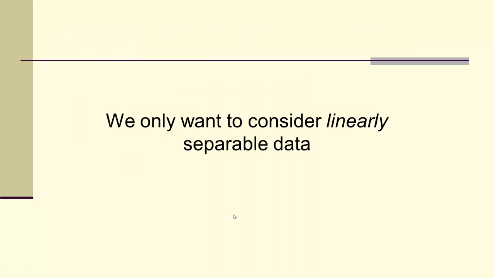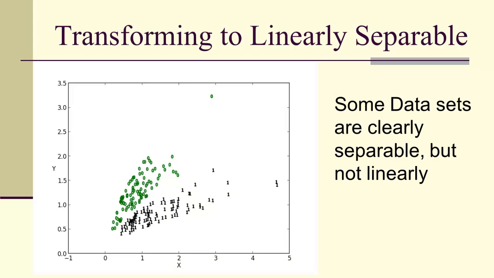Now we only want to consider linearly separable data. There are occasions when some data sets are clearly separable, but not linearly. And so we notice that this data set can be separated, but not by a straight line.